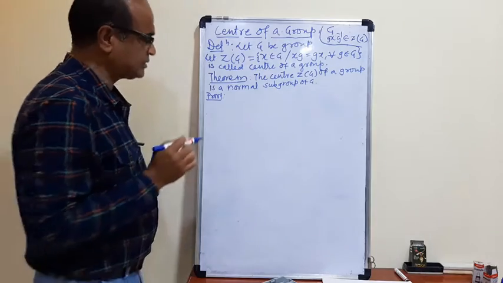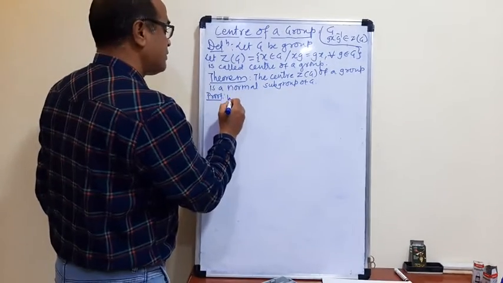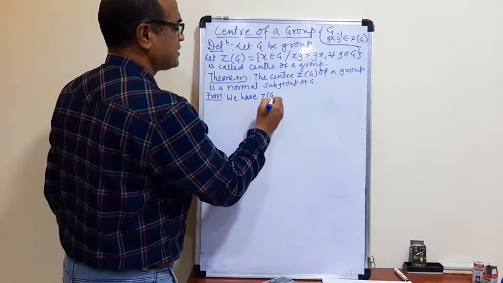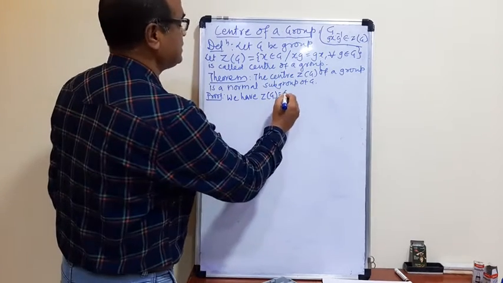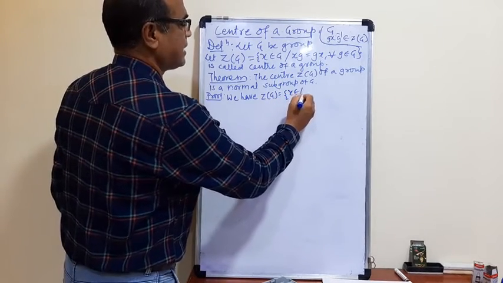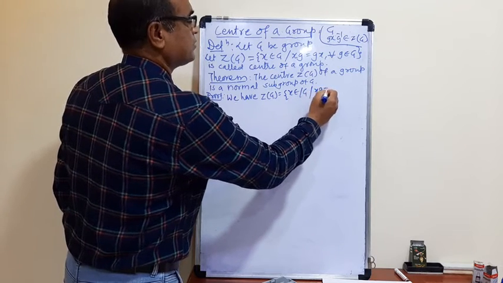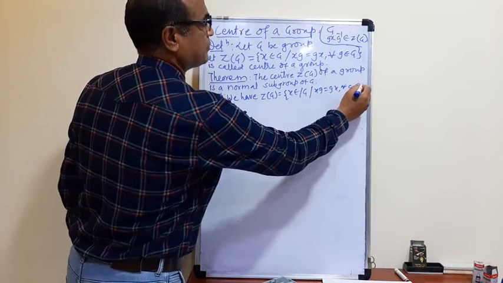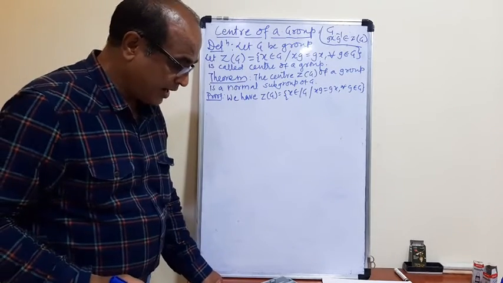Let us revise. Let G be a group. Again we write the definition: what is Z(G)? It is the set of x belonging to G where xg is equal to gx for all g belonging to G. This is the definition of the center of a group.